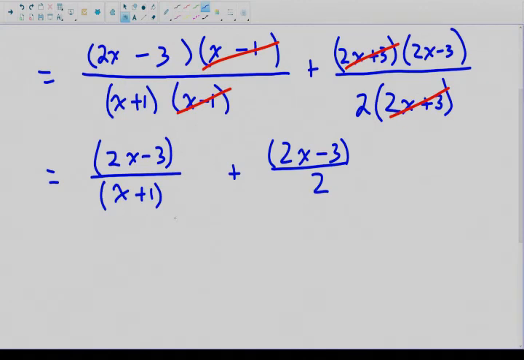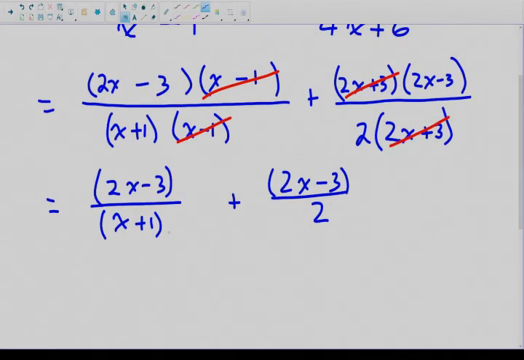So now, as we can see, our denominators are left with only x plus 1 and 2. Now, sometimes you'll be left with denominators that are actually going to be another binomial here, which means you'd have to actually multiply by the binomial as well, okay? But in this case, we don't have to do that.